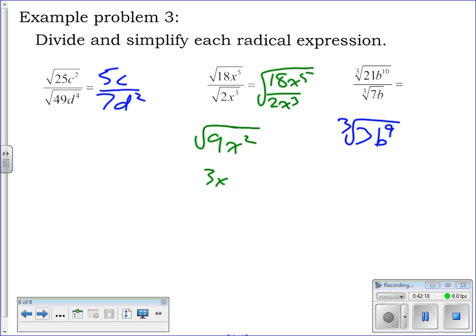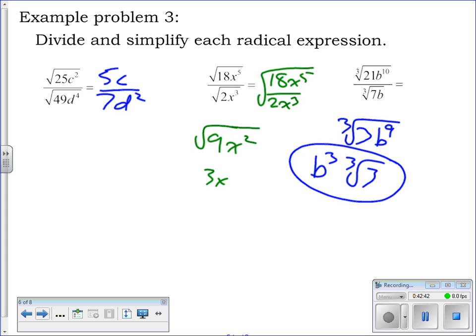Cube root of b to the 9th, though, I can. What's the cube root of b to the 9th? What's 9 divided by 3? 3. So I have b cubed. So this b to the 9th gets pulled out to become b cubed. And then I have cube root of 3 because I can't do anything with my numerical value. That's that.